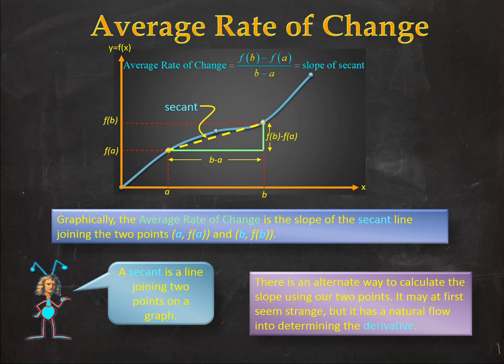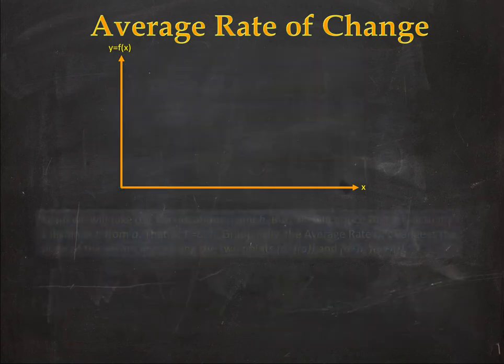Now, it's going to seem a bit strange, but it does have a natural flow later on in another video when we really start talking about the derivative. So I'm going to still talk about my 2 points, a, f of a and b, f of b, but I'm going to treat the b point slightly different. So let's have a look.